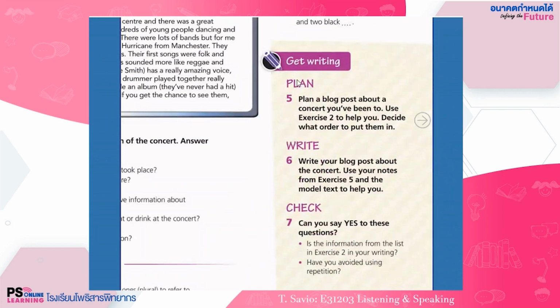Get writing. So before you start writing, one has to plan. Plan a blog post about a concert you've been to. Use exercise 2 to help you decide what order to put them in. So first you have to plan which concert you're going to talk about.